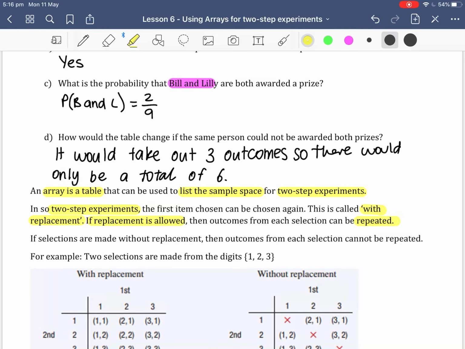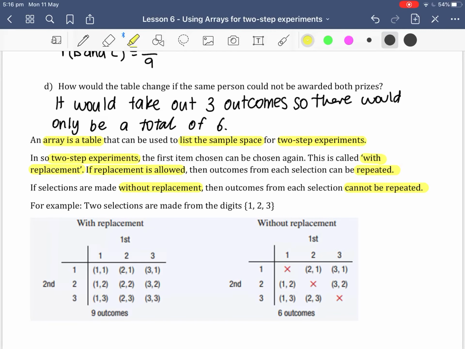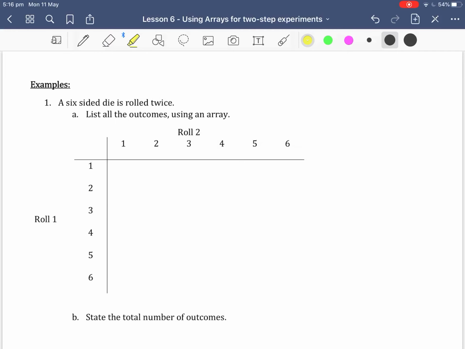If selections are made without replacement, then outcomes from each section cannot be repeated. For example, 2 selections are made from the digits 1, 2, and 3. So with replacement, we have the double ups. And without replacement, we do not have the double ups. We have less outcomes. Let's have a look at some examples.